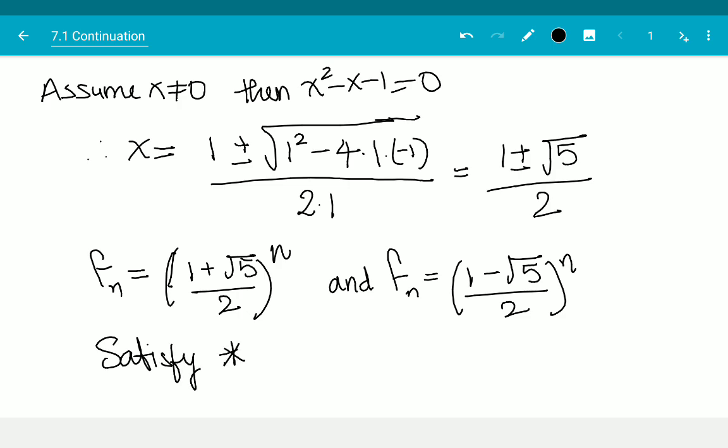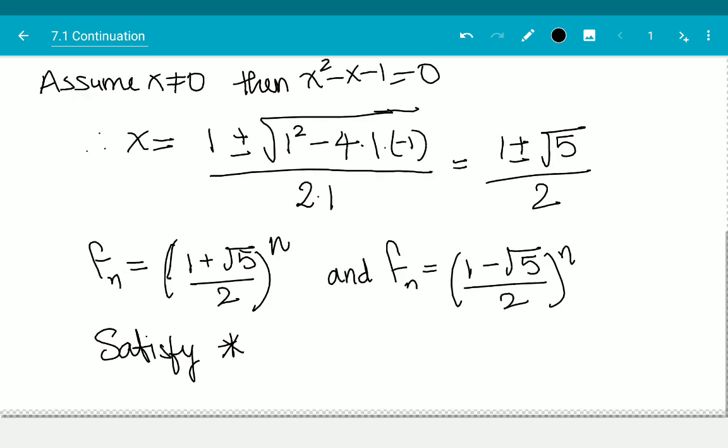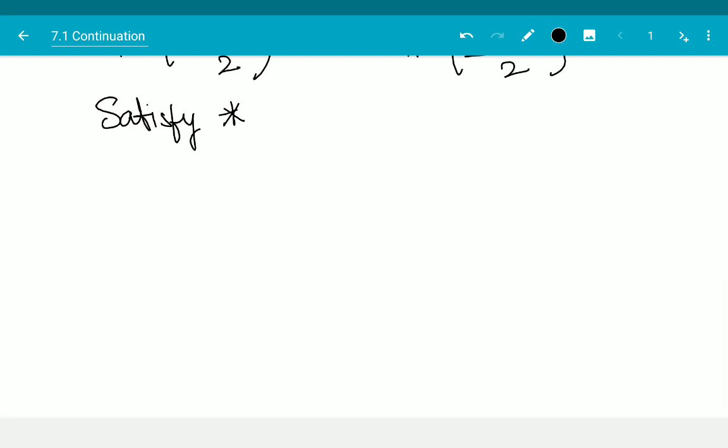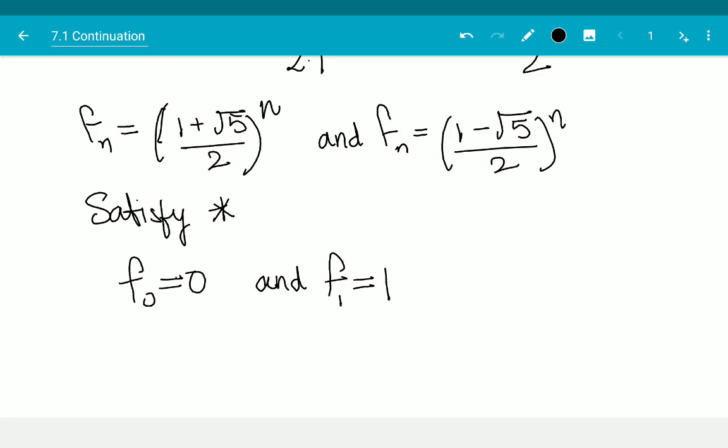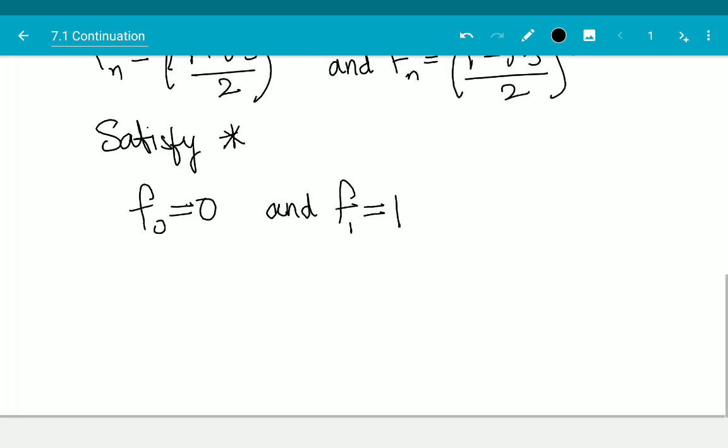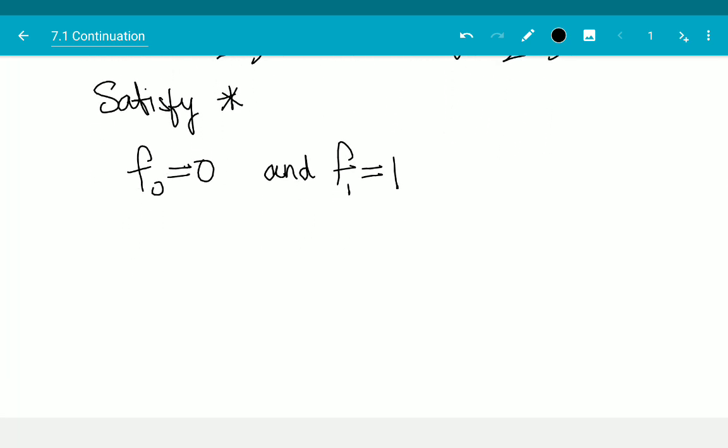But the Fibonacci sequence is not defined by only this one condition. There's another condition, that f(0) is equal to 0 and f(1) is equal to 1, right? Now, if I put 0 as n, none of these give me 0. If I put 1 as n, none of these give me 1.